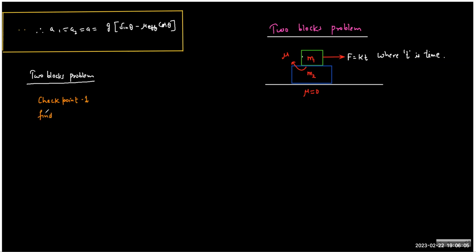Find limiting friction between pair of surfaces. So luckily here we have only two pairs of surfaces, out of which only one is rough, the other is smooth, and therefore you have only one checkpoint.